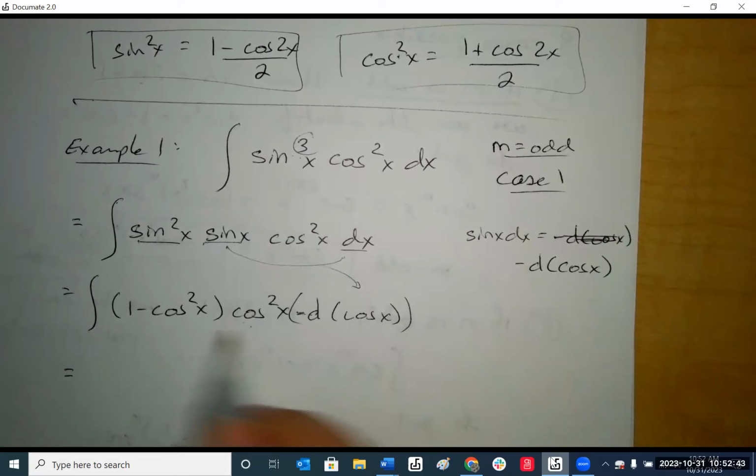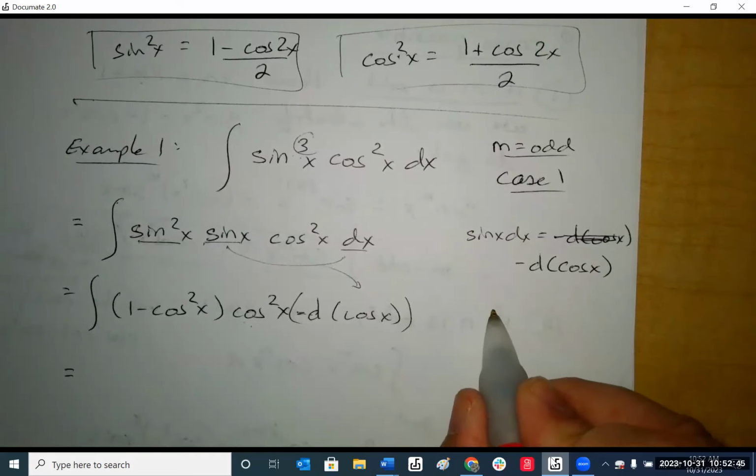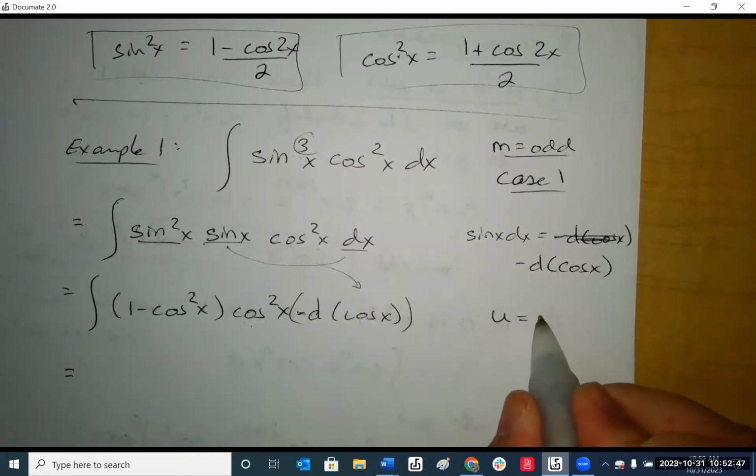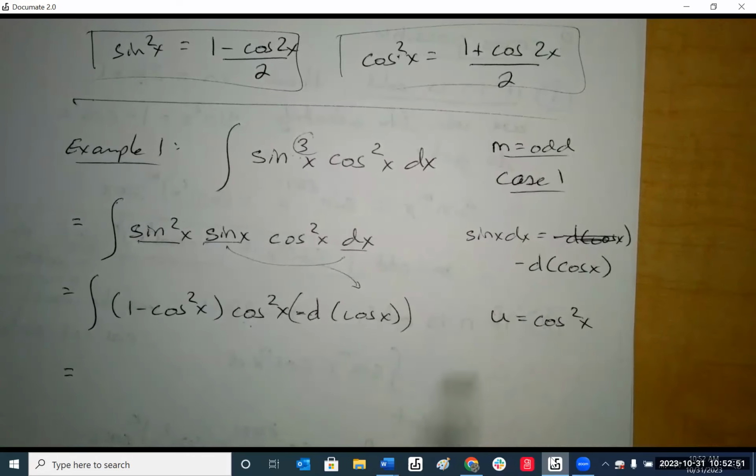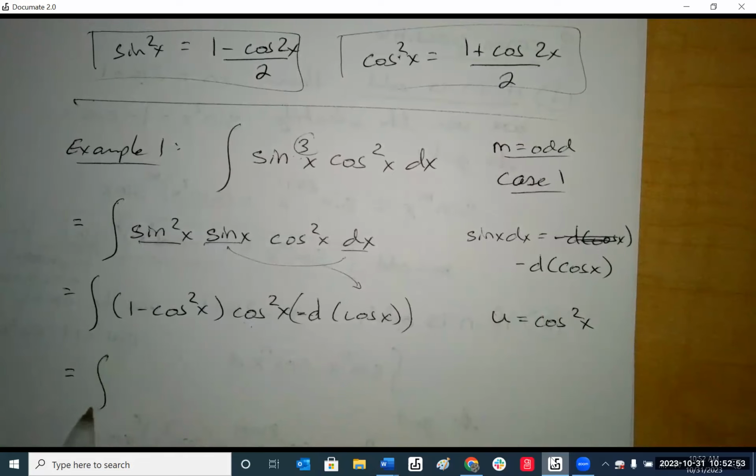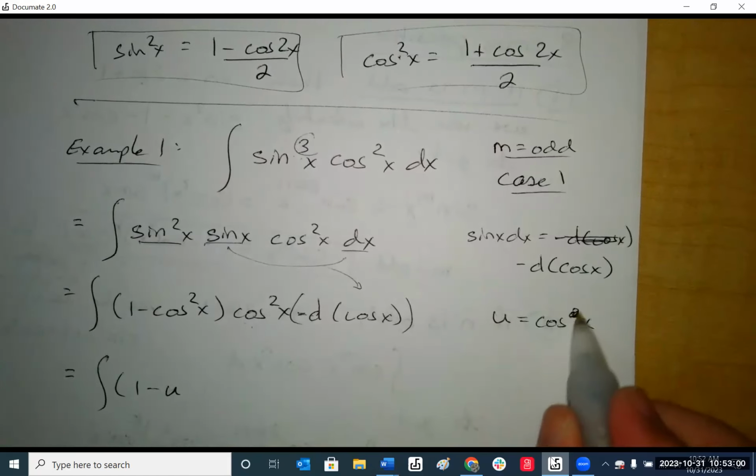All right, so now we have a lot of cosines in there. So let's do substitution. U is equal to cosine x. That way we have 1 minus, look at 1 minus what cosine?